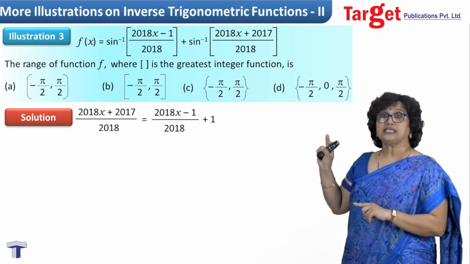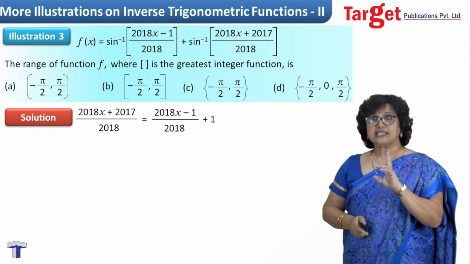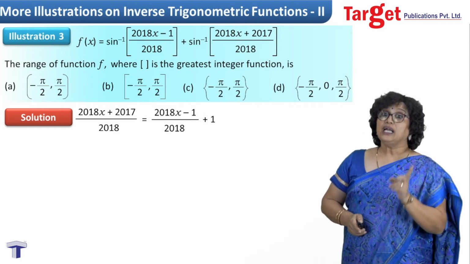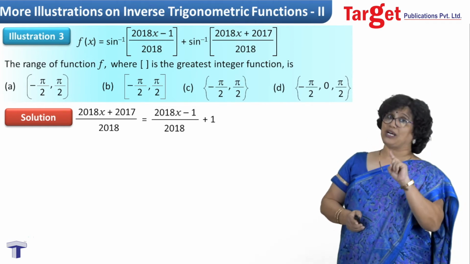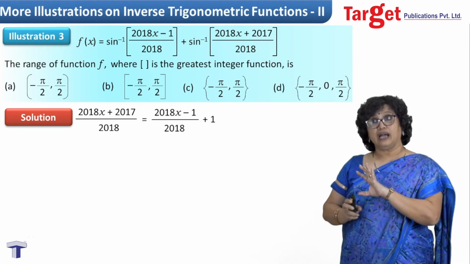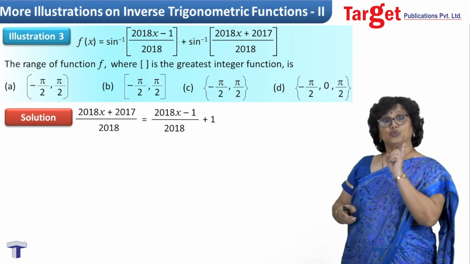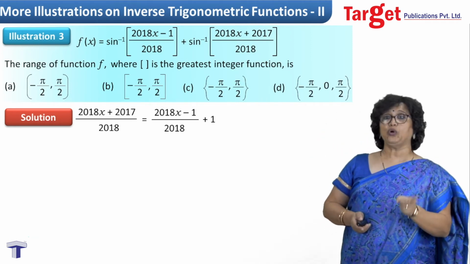Now, when you see this and look at the expression given in the problem for f(x), you can see some relationship there. That (2018x plus 2017) upon 2018 is 1 plus the expression appearing in the first bracket, that is (2018x minus 1) upon 2018.